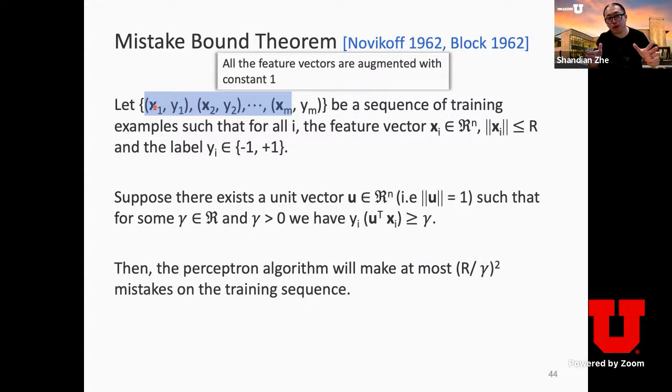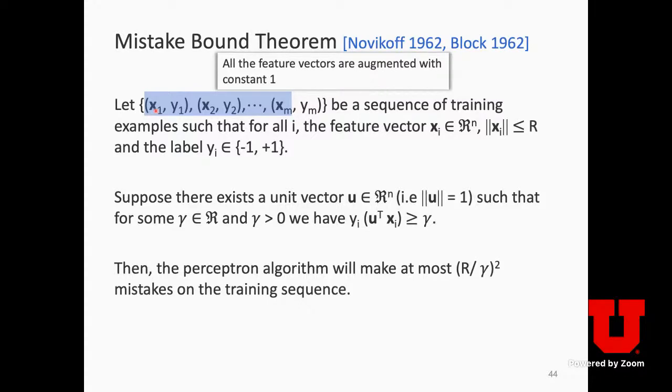So this just means that each x1, x2, xm has some constant feature 1, so that your classification function is simply the inner product between the weight vector and the augmented feature vector. Does it make sense? Not quite yet.